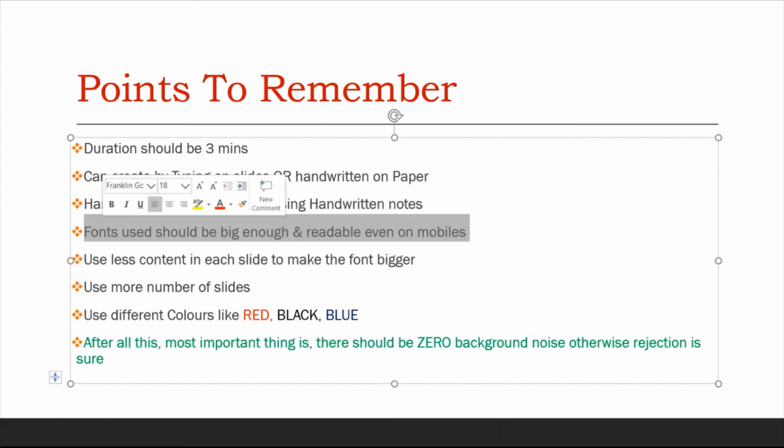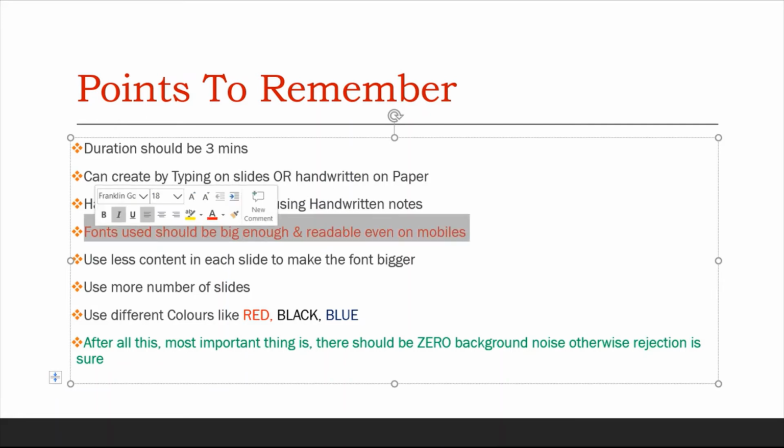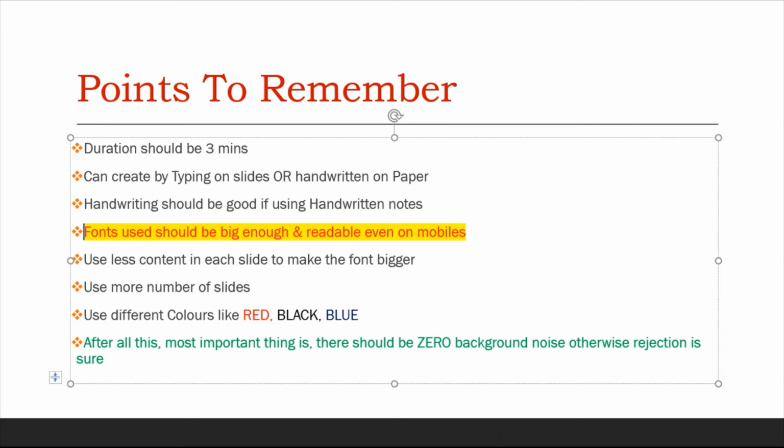The next point is that fonts should be big. Fonts used should be big enough and readable even on mobiles. If somebody opens this slide on a mobile, there are so many lines that it will appear smaller and might be difficult to read.